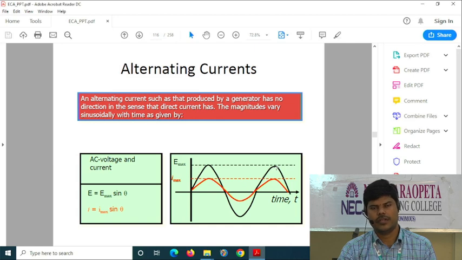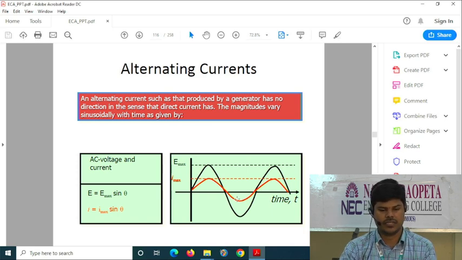So in this way, time to time, the magnitude changes. It is not constant. Of course, we have seen the pure sinusoidal waveform. In general, pure sinusoidal waveforms are not available. Some harmonics are always present in the waveform. We will see in the next classes what harmonics are.